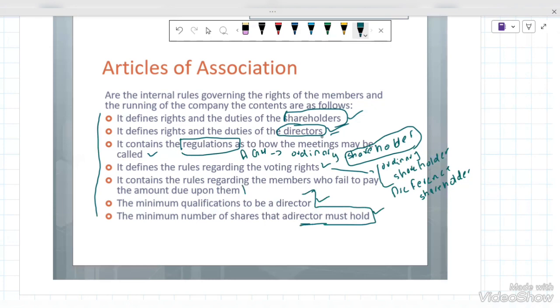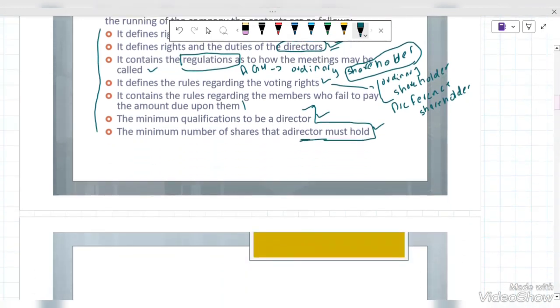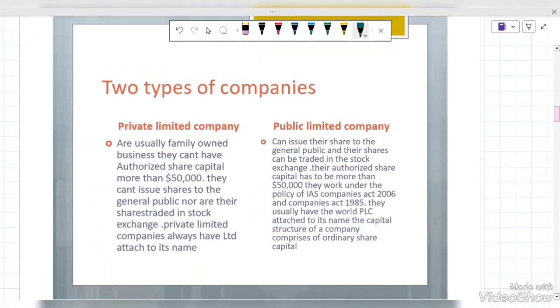So all these crucial and important definitions and requirements are listed in the Articles of Association. So these two documents are very necessary for limited companies.